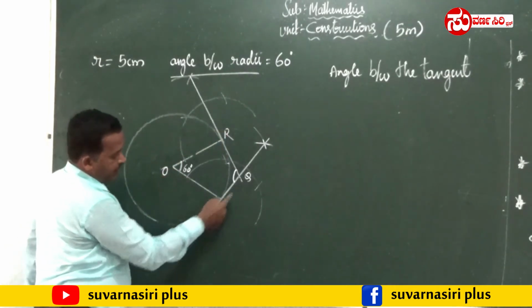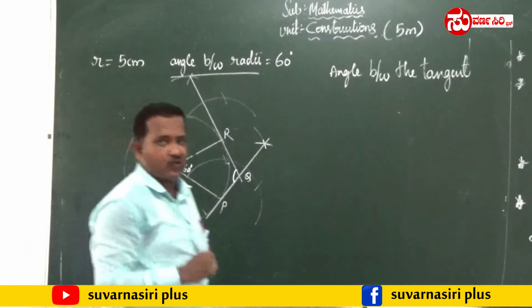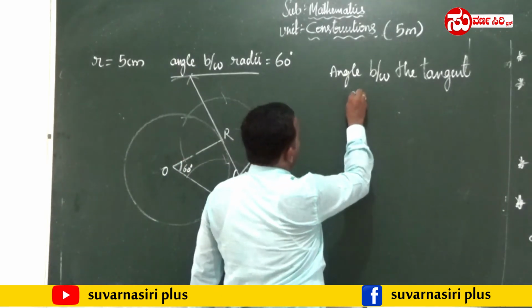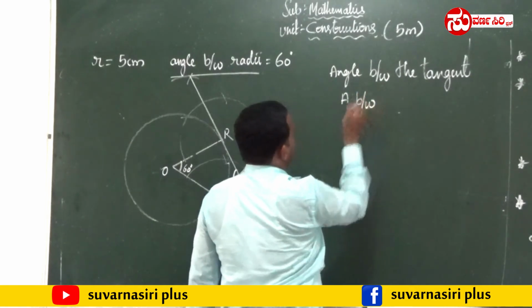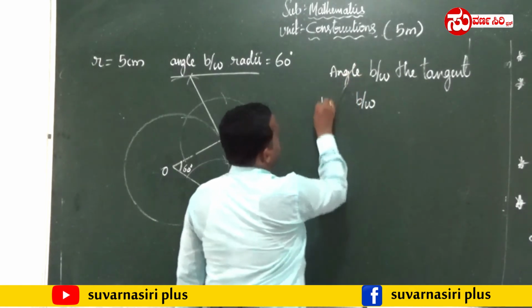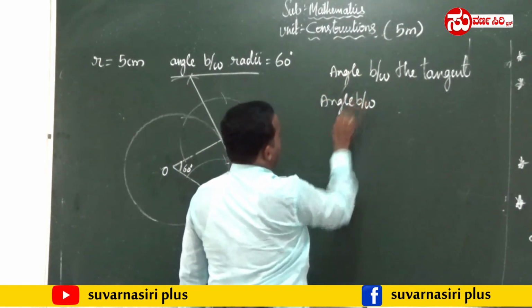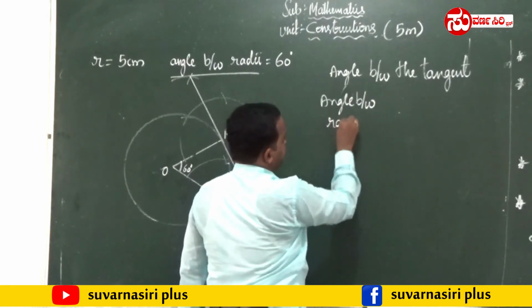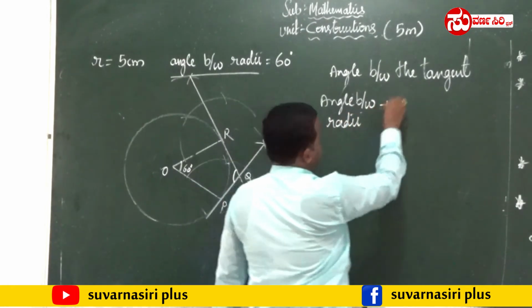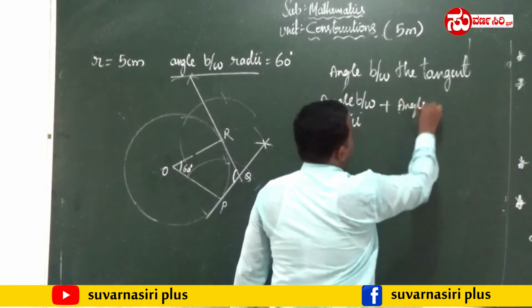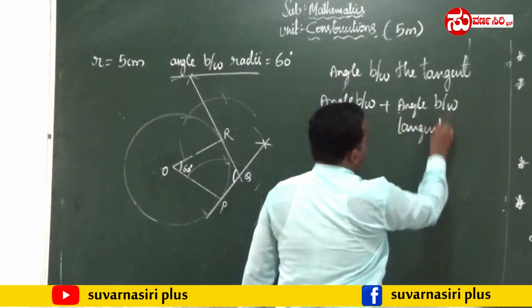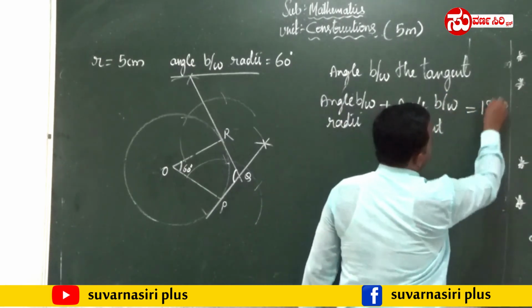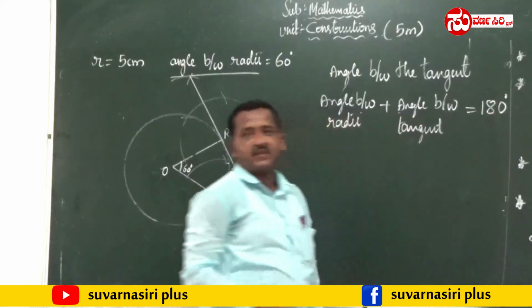R O P Q. If it is a quadrilateral, the sum of opposite angles, that is the angle between the radii plus the angle between the tangents, will always be equal to 180 degree.